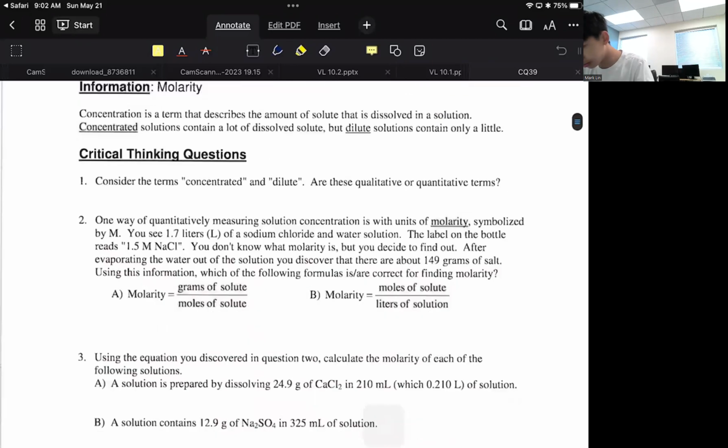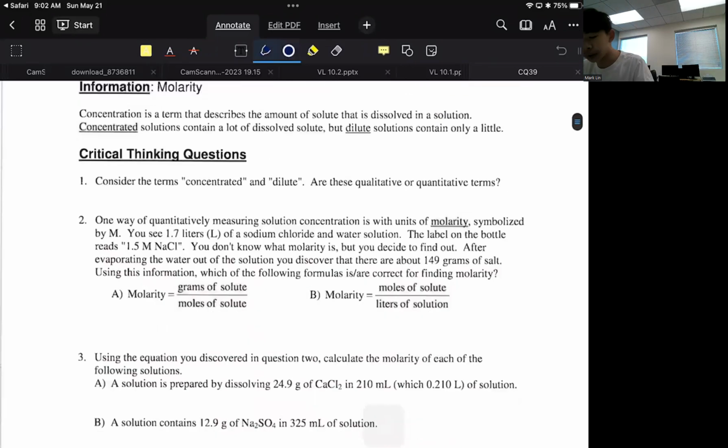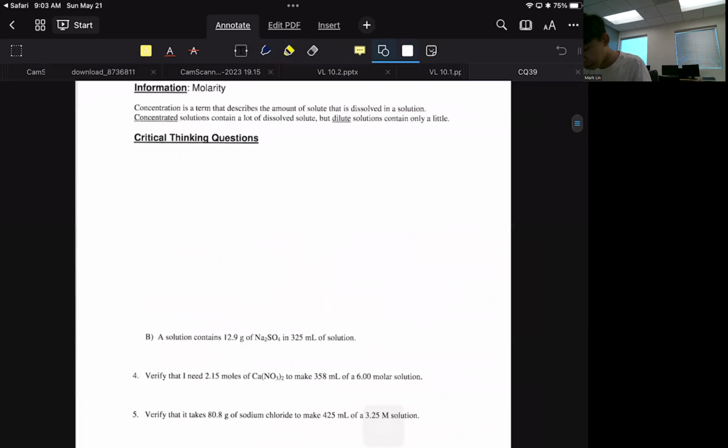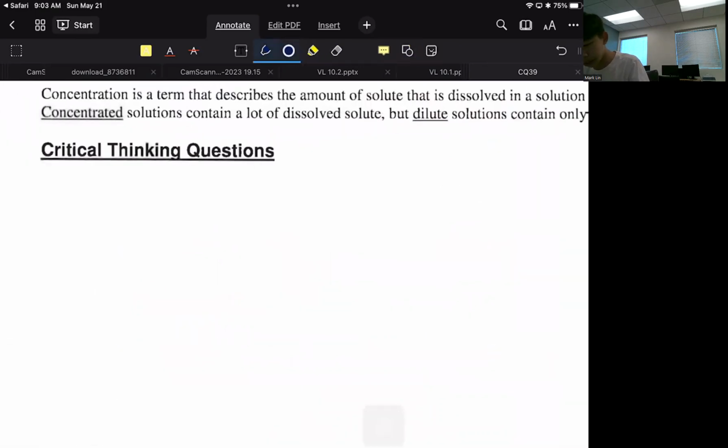Okay, so first before we get into the questions, let's just find out what molarity and molality are. Mr. Lee said we don't need to do one through three, so we can just skip those. So molarity is moles of solute over liters of solution.